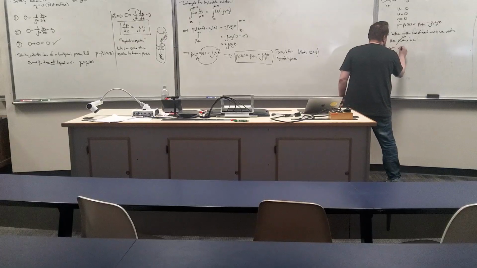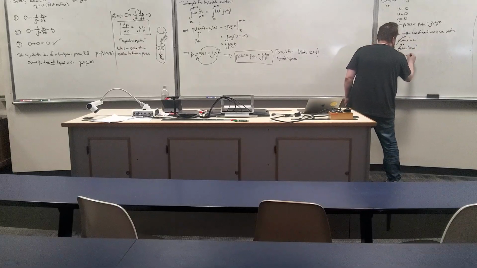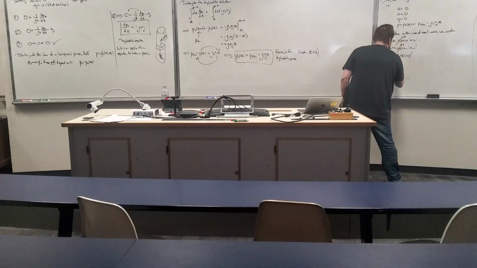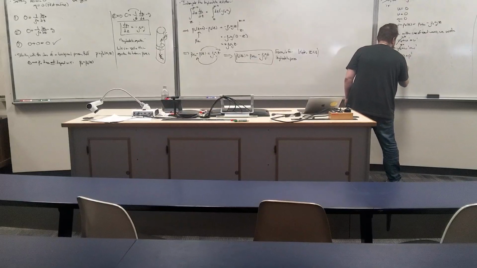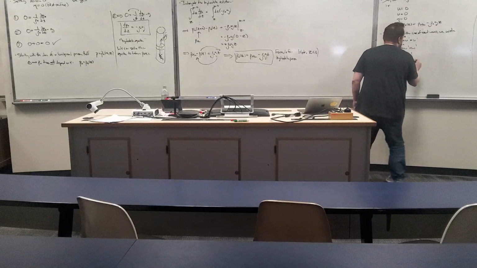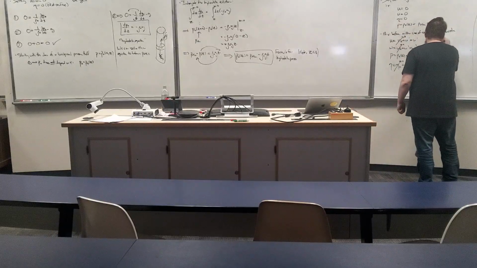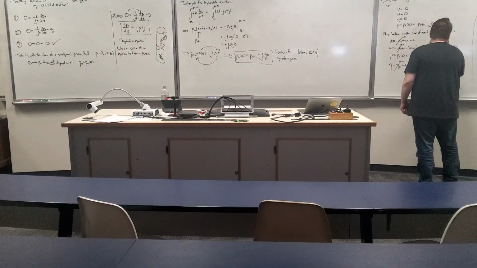W equals W naught plus W prime. W naught is 0, so we're just going to write that as W prime. P equals P naught of Z plus P prime. And eta equals eta naught plus eta prime, but eta naught is 0, so we just get eta prime. So we have U equals U prime, W equals W prime, P equals P naught of Z plus P prime, and eta equals eta prime.